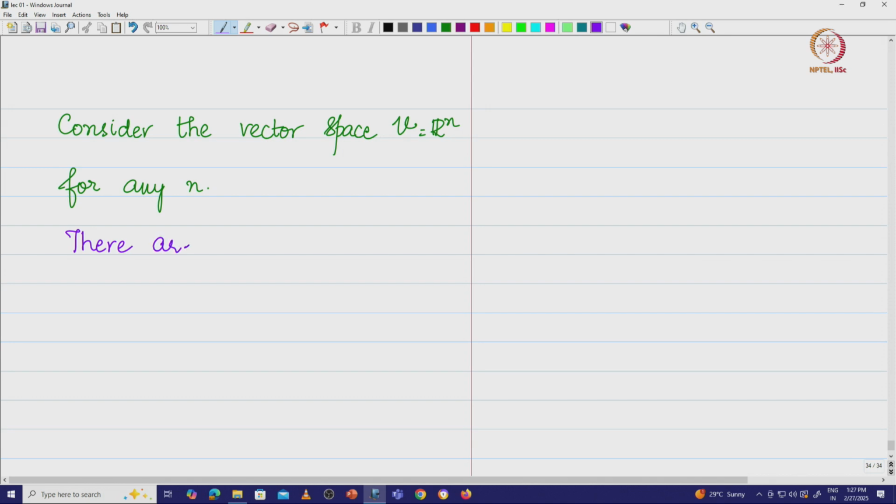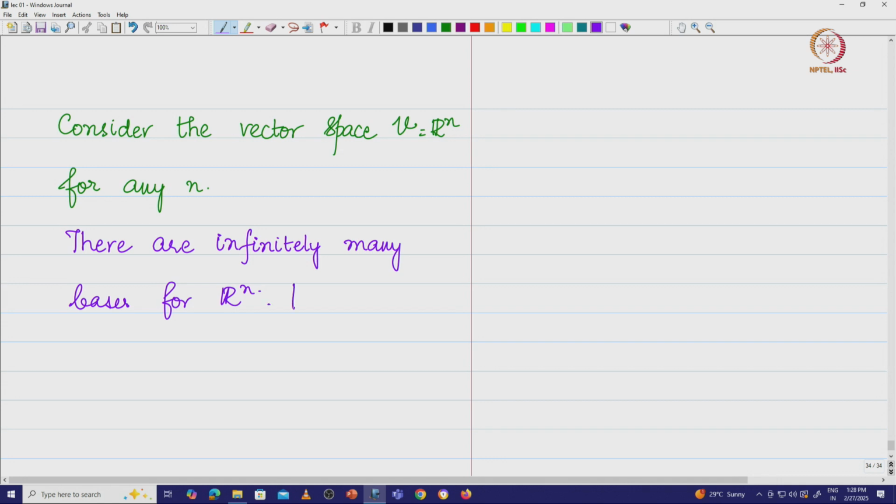For any n, what is interesting is we will note down that there are infinitely many bases for Rn. For example, if you take n equal to 2, R2: (1, 0) and (0, 1) is a basis, (2, 1) and (1, 2) is another basis, (2, 3) and (4, 7) is another basis, (1, root 2) and (root 7, 6) is another basis. You have multiple bases like this, but what is interesting is that every basis has the same number of vectors.